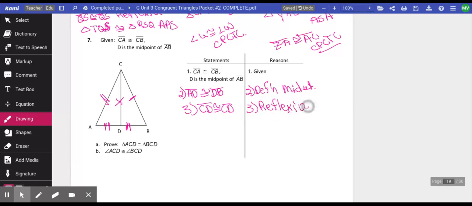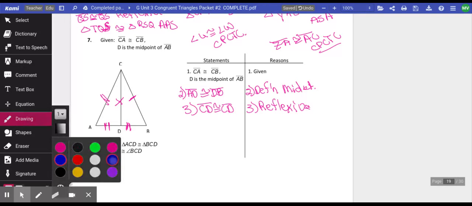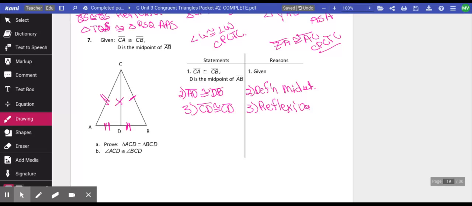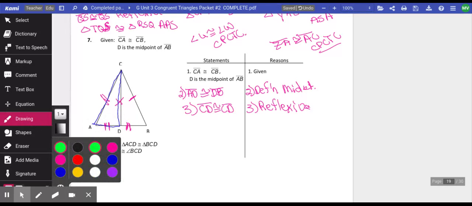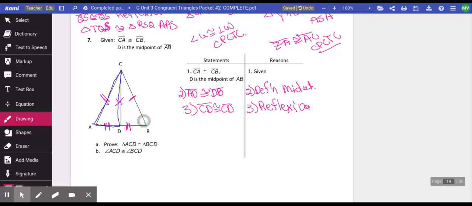And now the triangles I want, just to make sure I have what I want, I'm going to draw on them. So I want triangle ACD. So ACD is the blue triangle. And then I'm going to make the other triangle, this green, is BCD. And notice how we colored CD in both colors? That's why I used reflexive. Now that I have all three sides of both triangles, I can say those triangles are congruent.